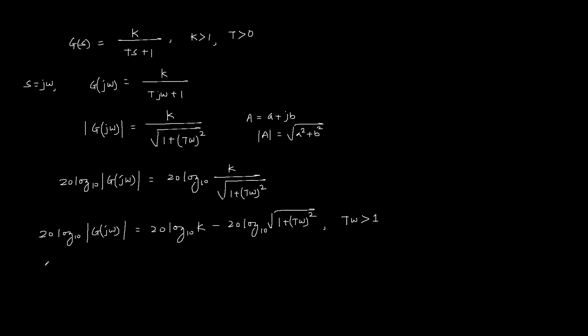So applying this condition, if T omega is greater than 1, then we can neglect this 1. This becomes 20 log, 1 is neglected, so this square and square root are cancelled out. So we are left with just T omega.